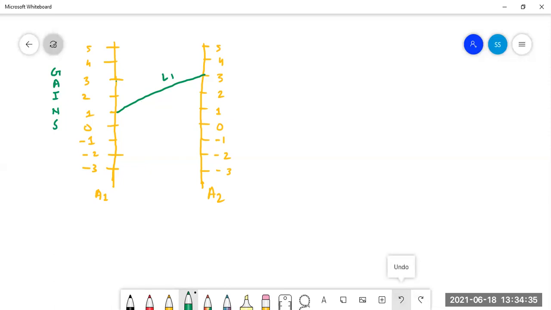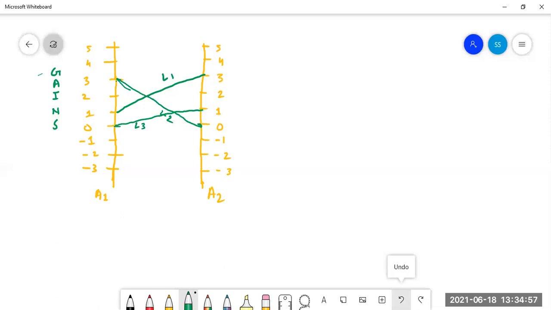L2 will occur from 3 to 0. This is the L2. Now L3 is equal to here 0 to 1. That is the value of L3.